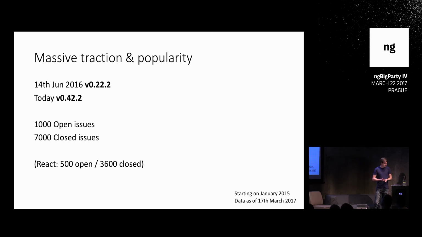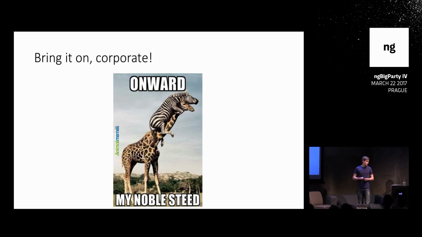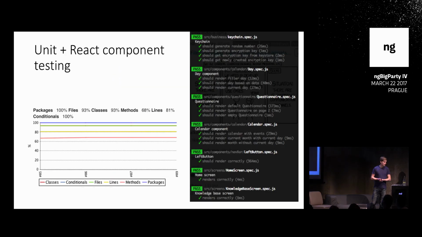Now, I mentioned we work in a corporate environment, so let's talk a little bit about that. To ensure quality and to fulfill the need of delivering documentation, of course, you have unit tests and React component testing.